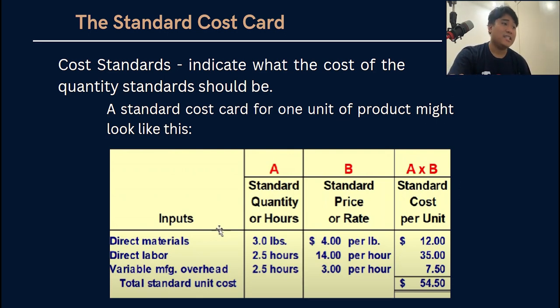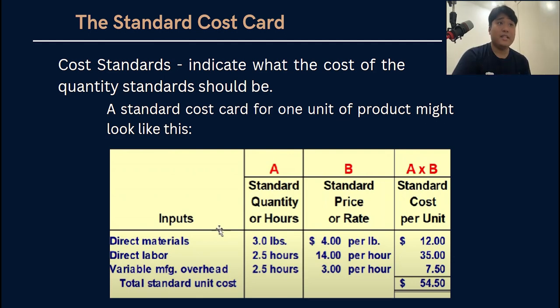As you can see, like this for the direct materials: you multiply A by B equals the standard cost per unit of the direct material. It is the same for the direct labor and variable manufacturing overhead. Then add all the standard costs per unit to get the total standard unit cost.